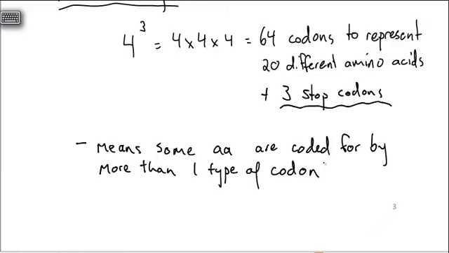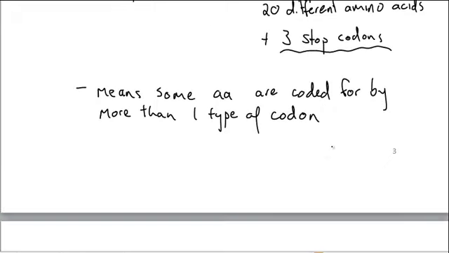So one codon can only code for one amino acid, but one amino acid can be coded for by more than one codon. And this is basically, the body has a way of saying the same thing in different ways. So they can say, we want glycine in multiple different ways, glycine being a type of amino acid. When you say the same thing over and over again, but in different ways, people will often say you are being redundant, and this is called redundancy.